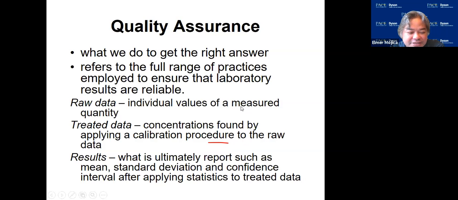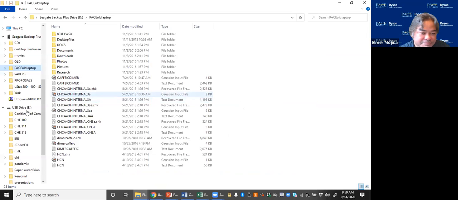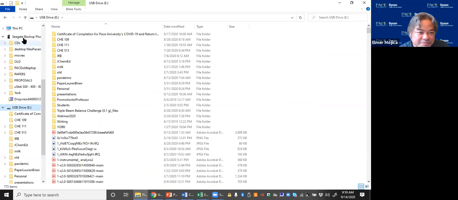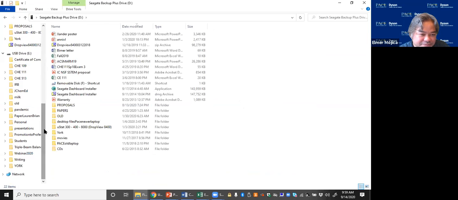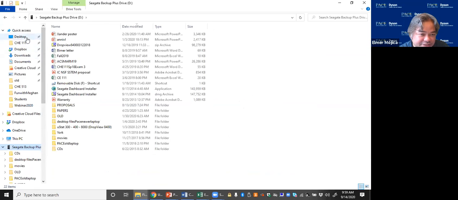What is the treated data that you have from that first experiment that you performed? For those who performed last week, there's one data there that we can consider already as treated data.